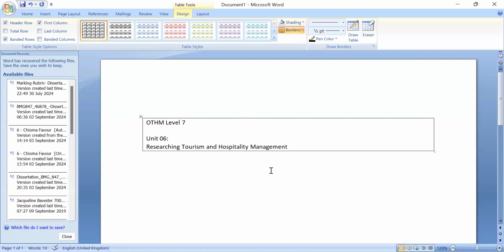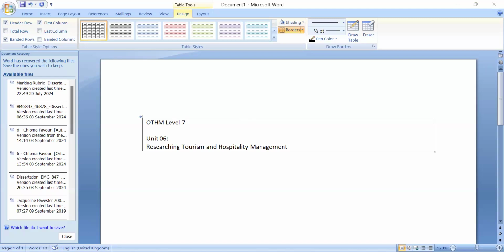Look at this very closely: level 6, we are doing the Diploma in Hospitality Management.